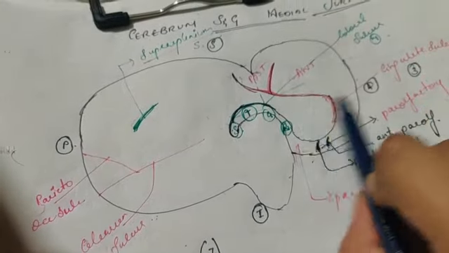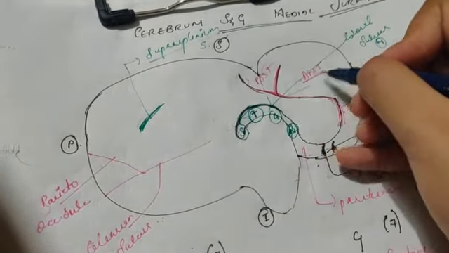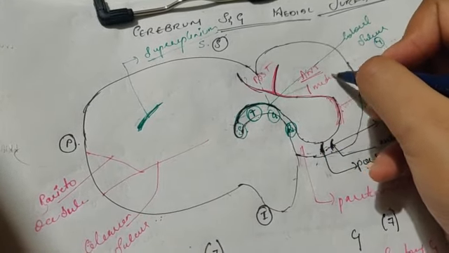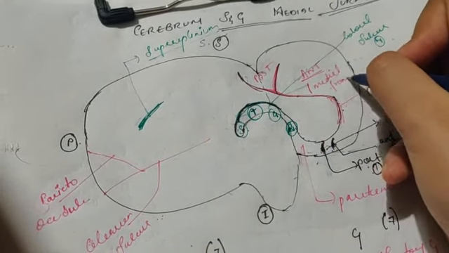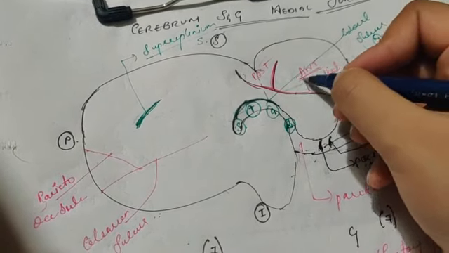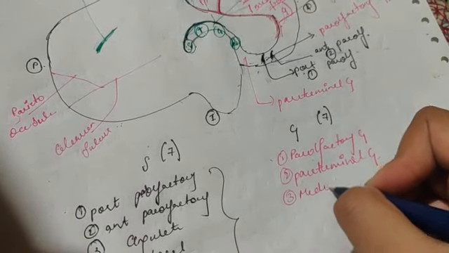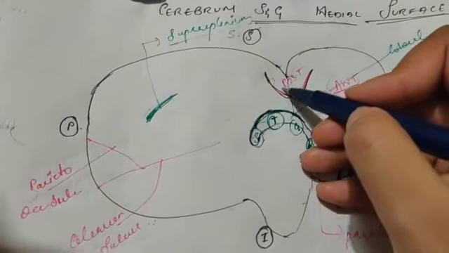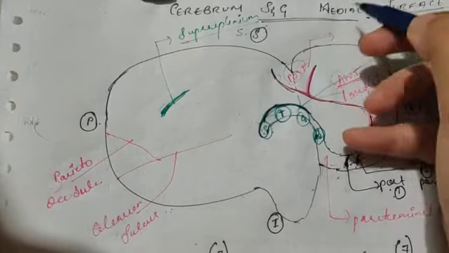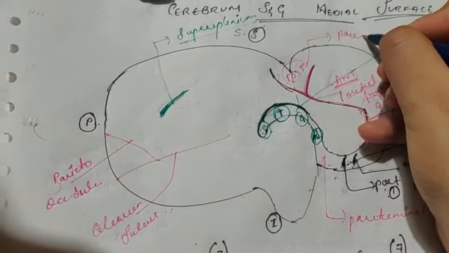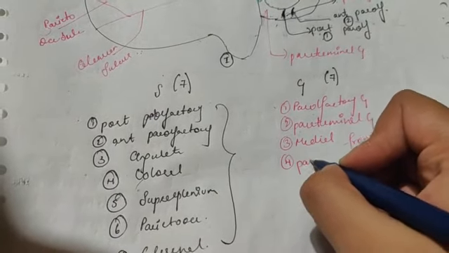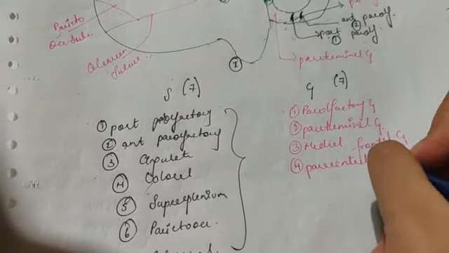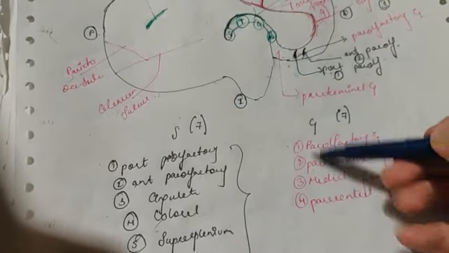So this anterior part is called the medial frontal gyrus. And the posterior part is called the paracentral gyrus. Okay, so now we're done with four gyri.